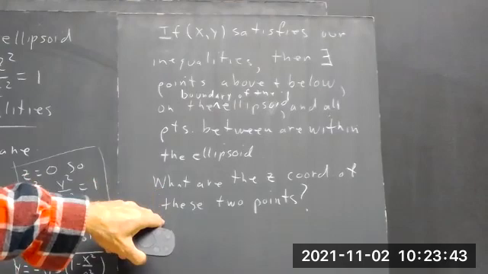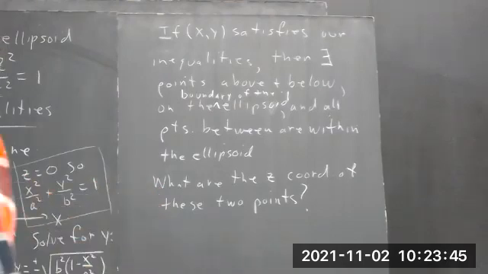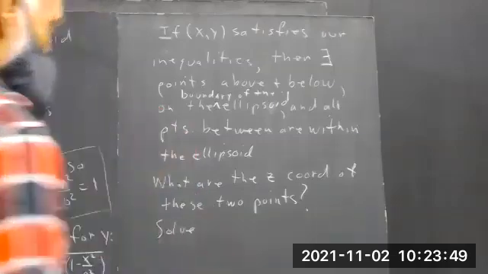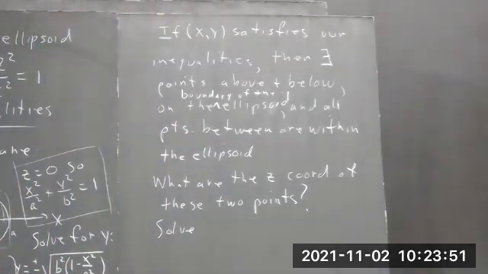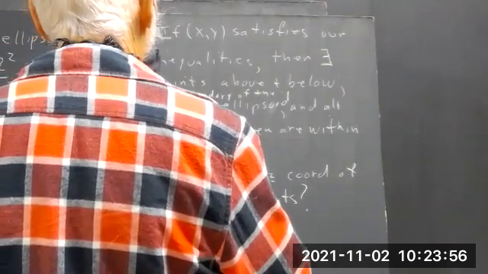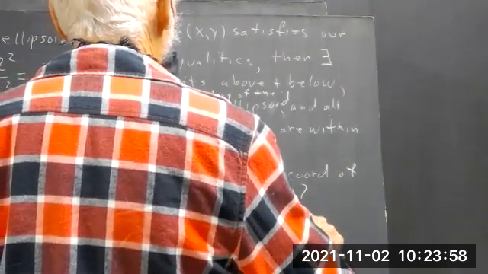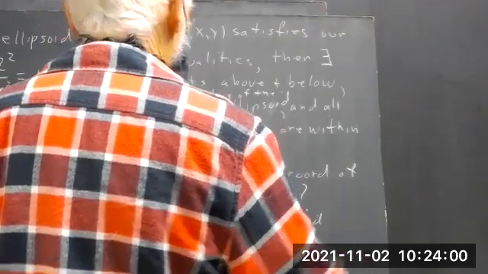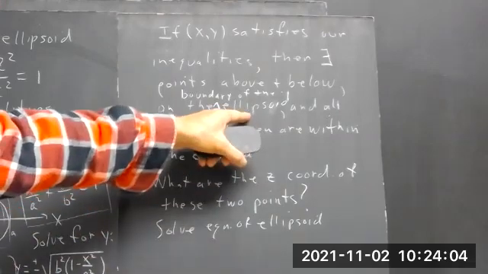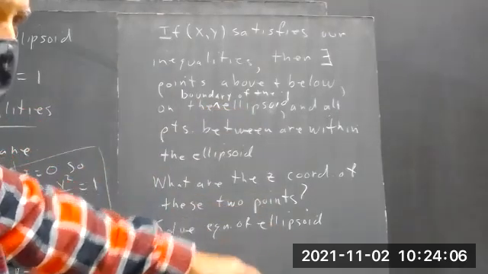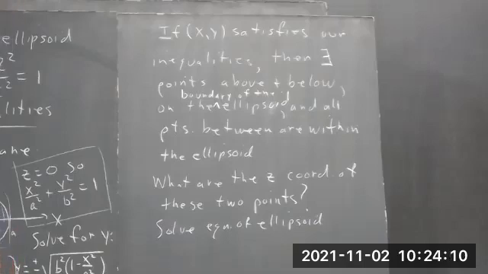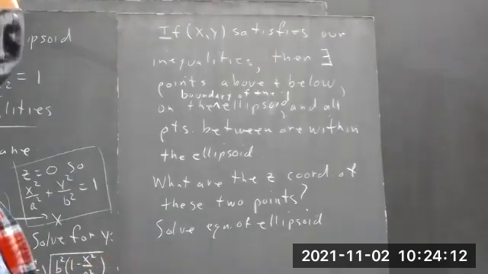Okay, so what are the Z coordinates of these two points? Well, just solve the equation of the ellipsoid at this point. But if it's a hyperboloid, then we would substitute hyperboloid for ellipsoid, right? Or if it's some surface you don't know what to call, just call it the surface, okay?